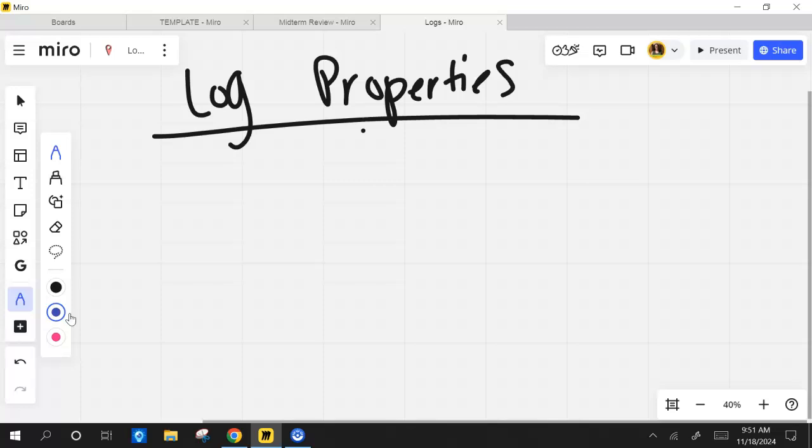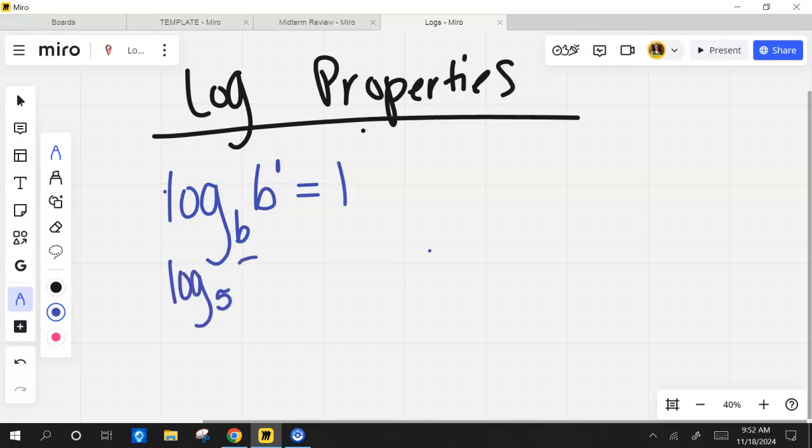Look at the first one. First one is a basic log. Anytime you have this base the same as the argument, it equals 1 every single time. And the reason is whatever this exponent is right here is what it's going to equal. So if I had log base 5 of 5 to the third, what would that equal? 3.